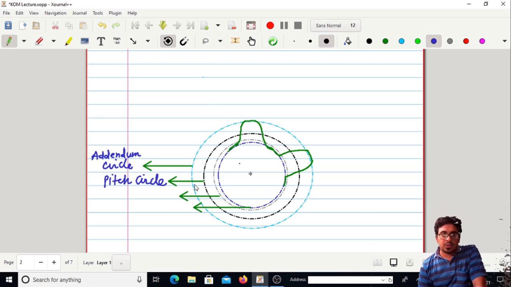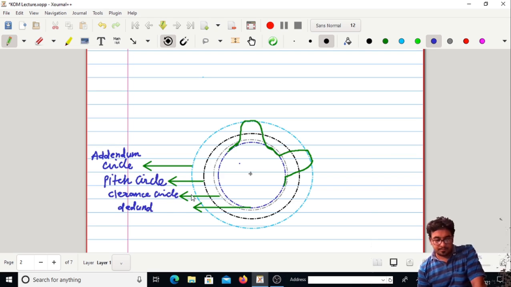Then below the pitch circle we have the clearance circle, and the lowest circle from where the tooth is started is known as the dedendum circle.